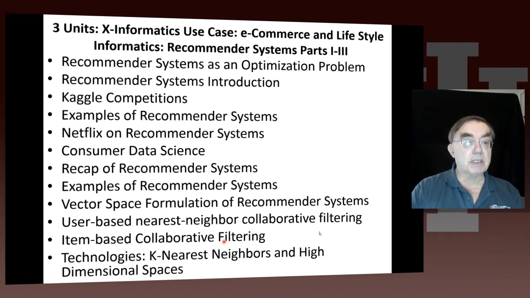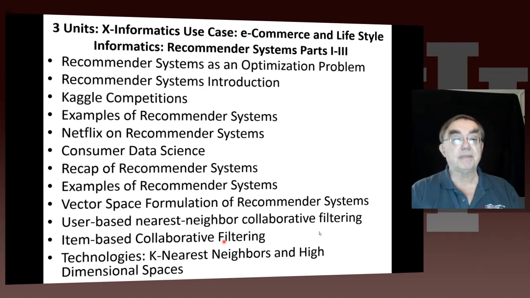Now we come back to a detailed use case example, which I call e-commerce and lifestyle informatics, represented by Amazon, Netflix, and Pandora, and things like that, which are built around recommender systems. And we start off with a discussion of recommender systems, posing the problem, introducing them. We mention the well-known Kaggle site, which has lots of nifty competitions, particularly one involving Netflix.